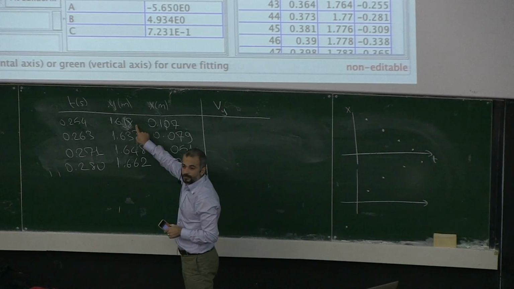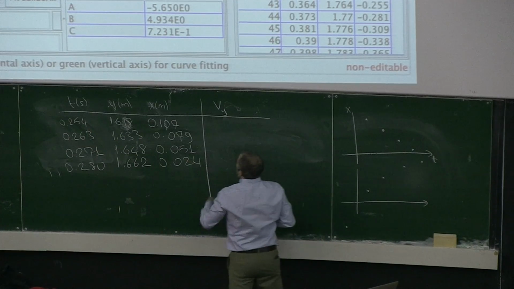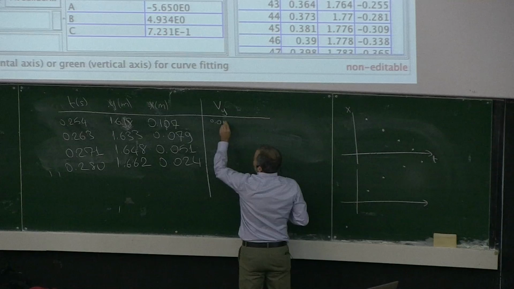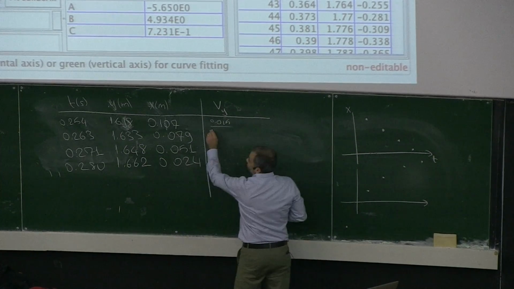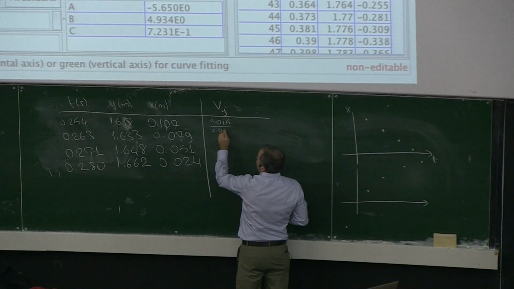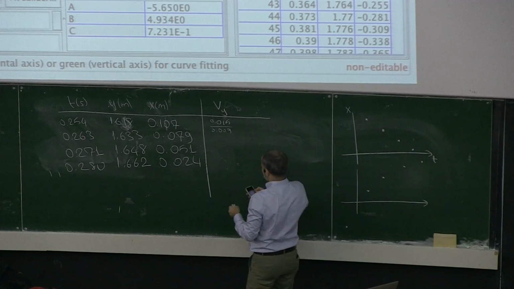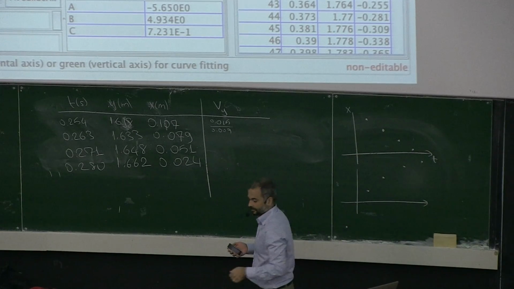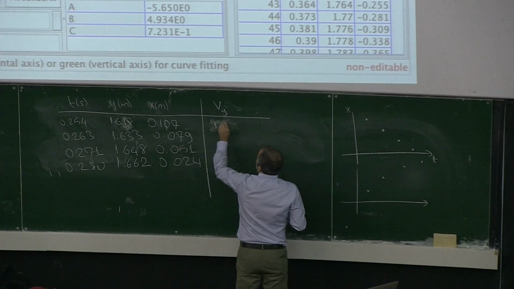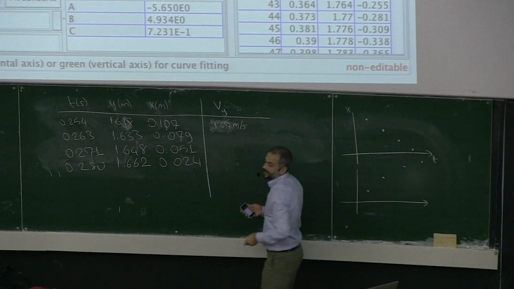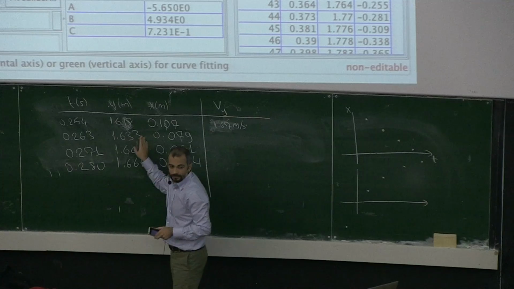Subtract this number from this number and divide by the difference of this number with this number. Now, if I just subtract these two, what I get is 0.015 divided by, if I subtract these two, I get 0.009. It is around 1.67 meters per second. The average velocity as my object moves from this point to this point in the y direction.